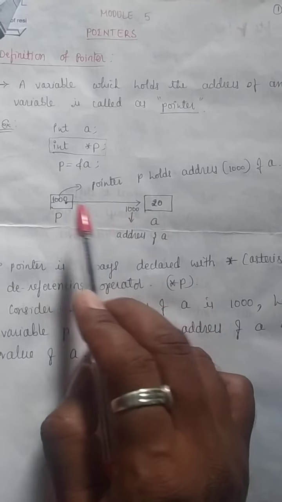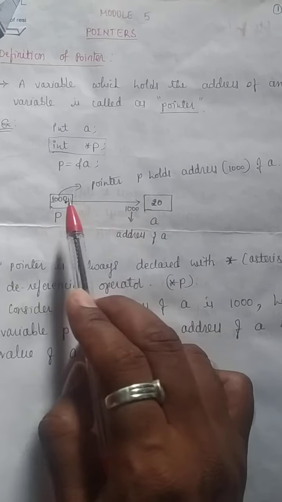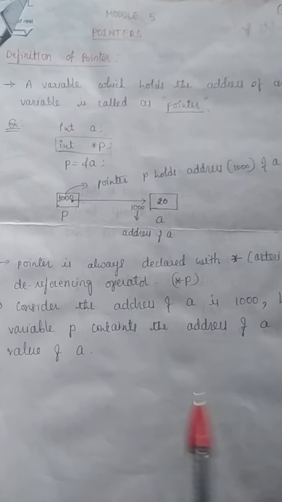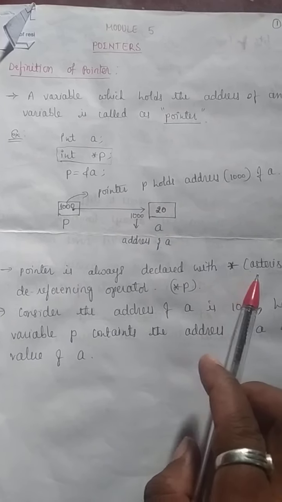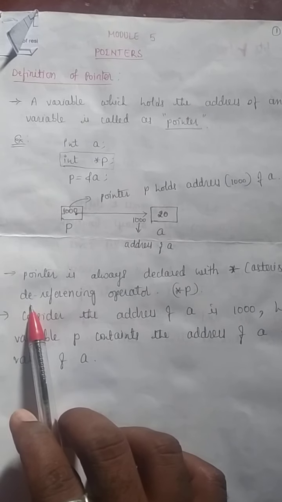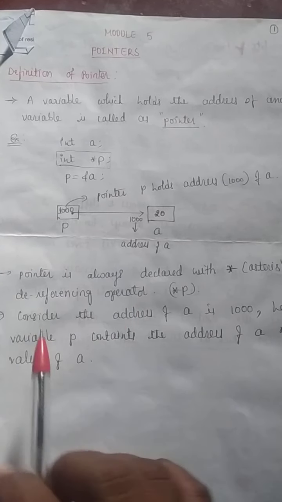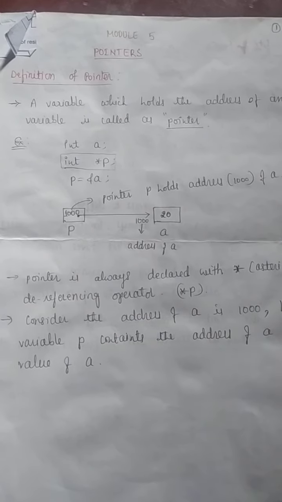It's shown here. So that address is what p holds. Got it? A pointer is always declared with the asterisk symbol, or we can say the star symbol, or the dereferencing operator. Got it? So this is the definition of a pointer.